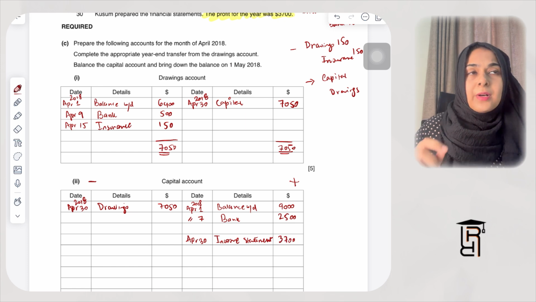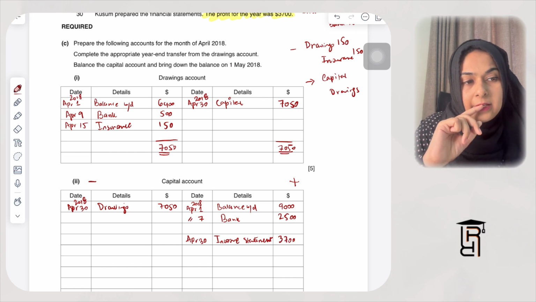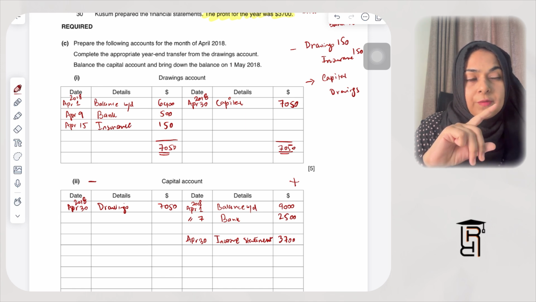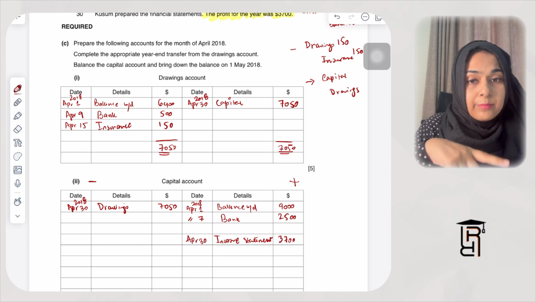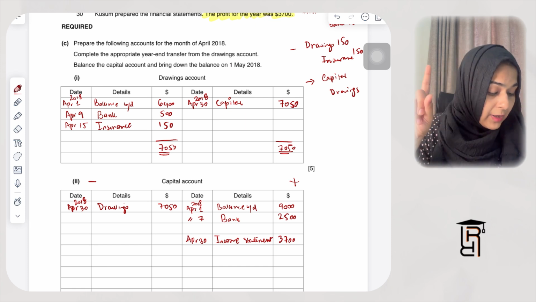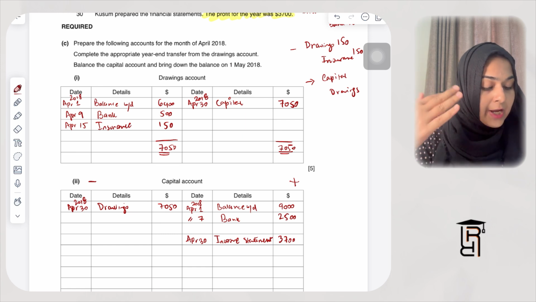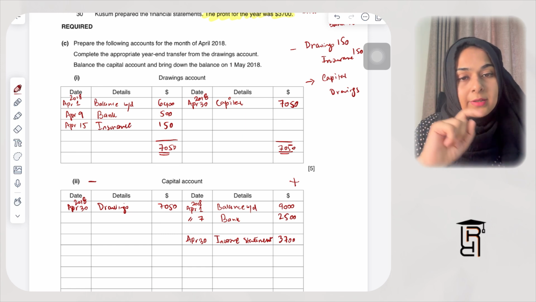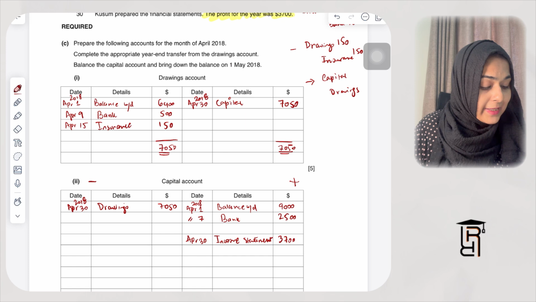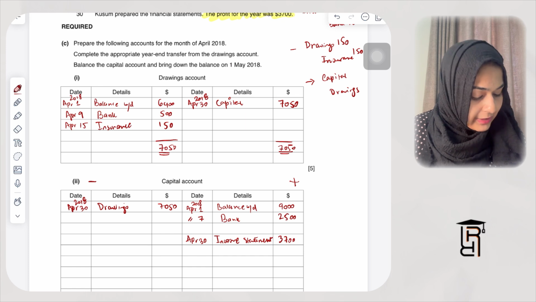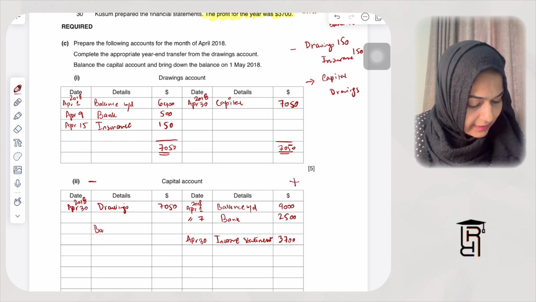In one of the recent marking schemes as well, that is February March 2024, in which we have a capital account which we need to prepare, they have written income statement on the credit side of the capital account for basically transferring profit for the year to the capital account. Profit is going to increase capital, that is why I'm going to record this on the credit side of the capital account 3700. And now I'm going to calculate balance carried down.